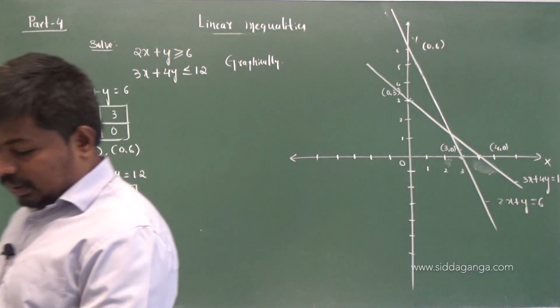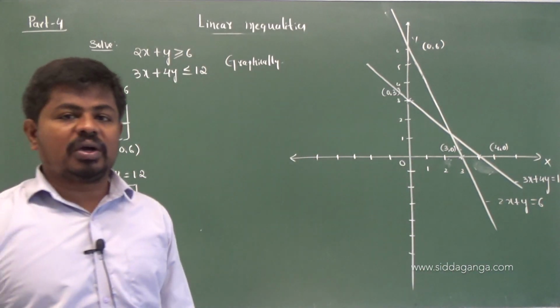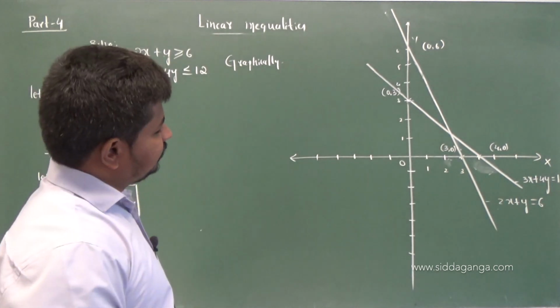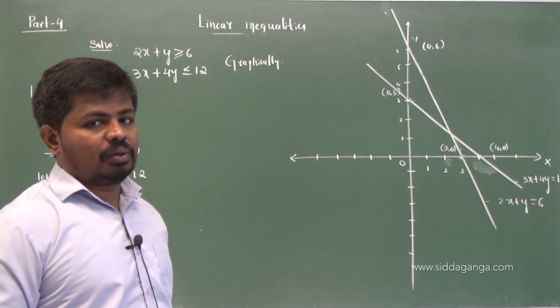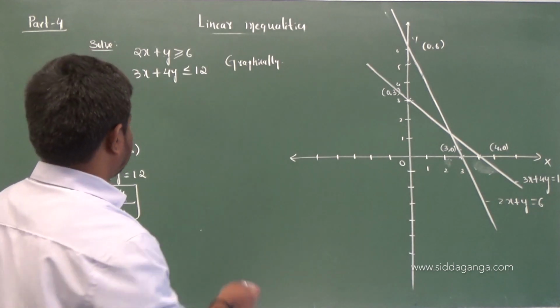Again, both the lines divide the plane into lower half plane and upper half plane, right? For both the inequalities, consider 0, 0 from the lower half plane.